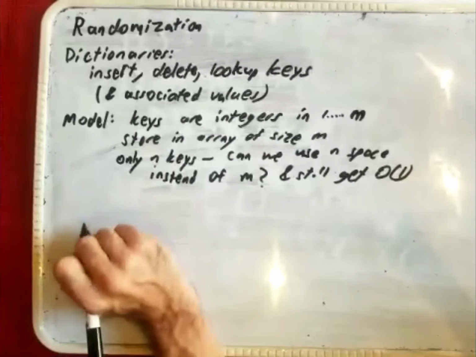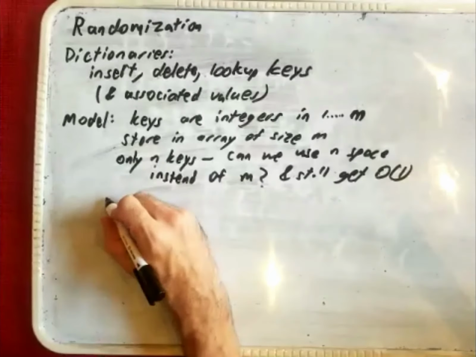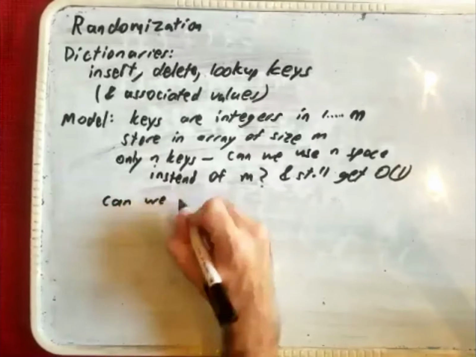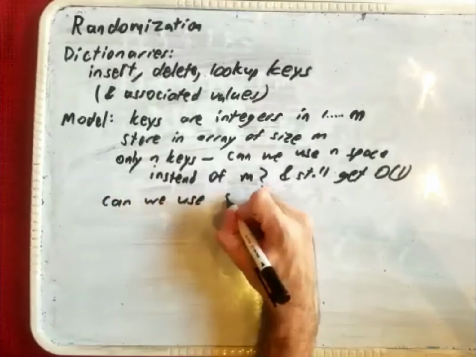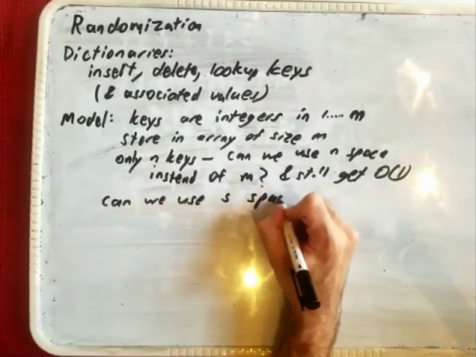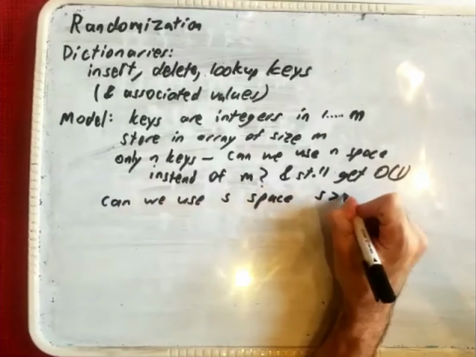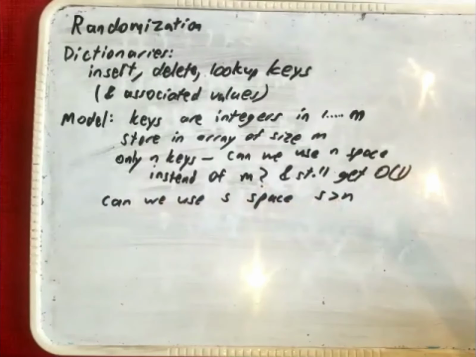So actually, I'm going to ask a more general question. Can we use some other number s of space, where s is greater than n, in order to store these items and still get fast lookups?